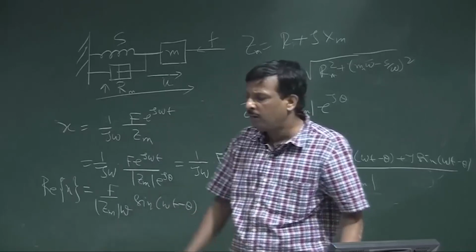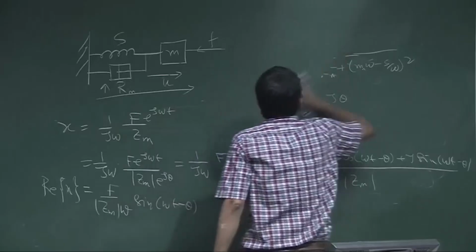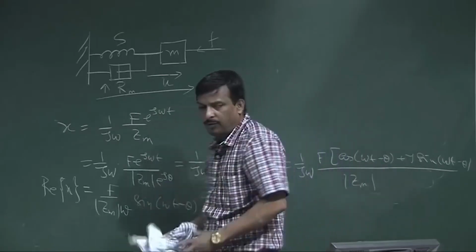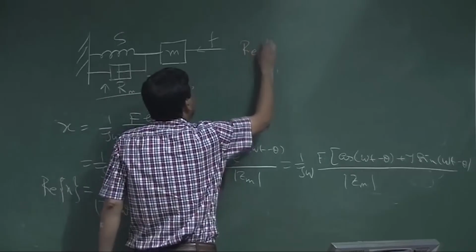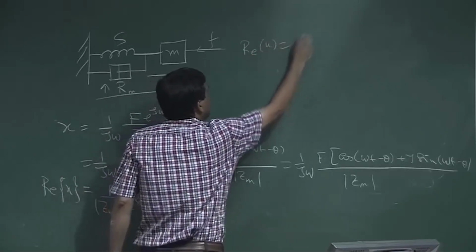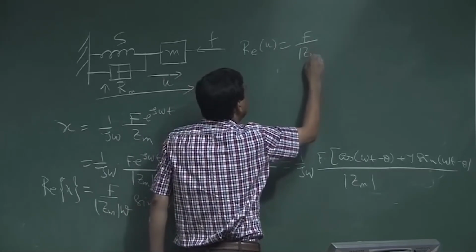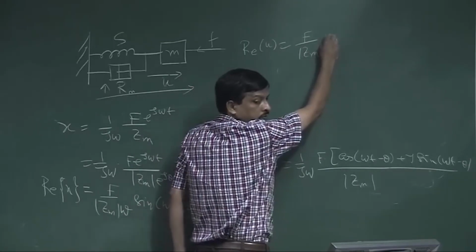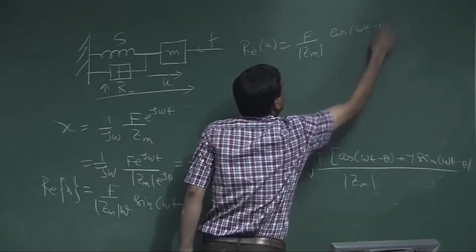Now, what is the real part of the u? Similarly, I can also find out the real part of u from the u equation, which is nothing but f by mod of Zm into cos of (omega t minus theta).